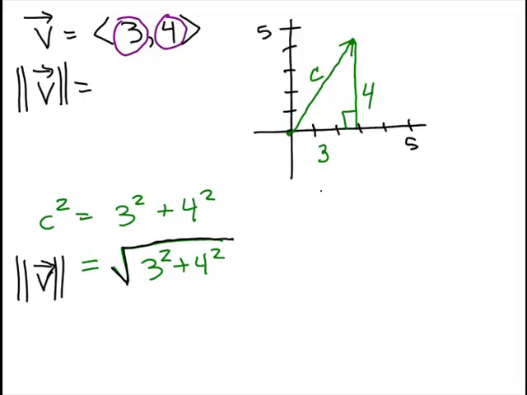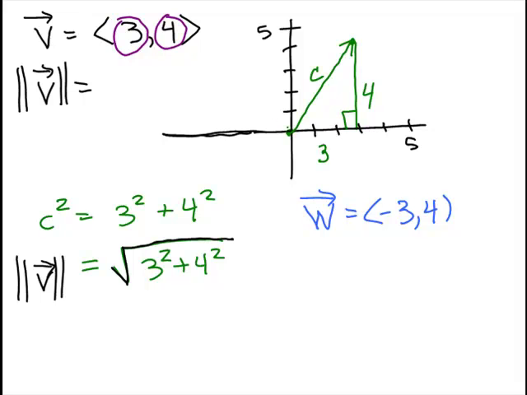Well, what if we had a different vector? How about if it was negative 3, 4? So let's say we had a vector w, negative 3, 4. So let's see, where would that be on this same picture here?